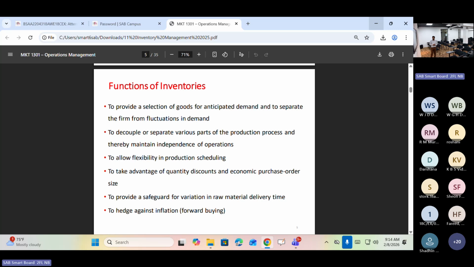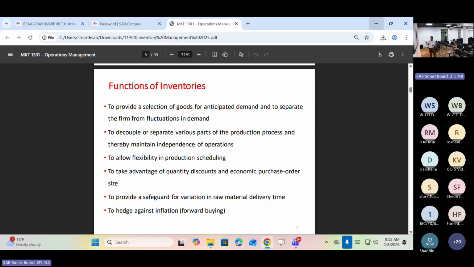Fourth point, by maintaining inventories, companies can take advantage of certain economic advantages like quantity discounts and maintaining economic order sizes that give you some economic advantages. You know, when businesses purchase in large volume, in bulk, they will be allowed better rates, discounted prices.